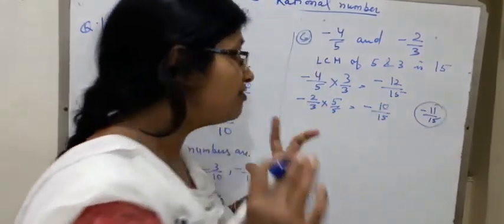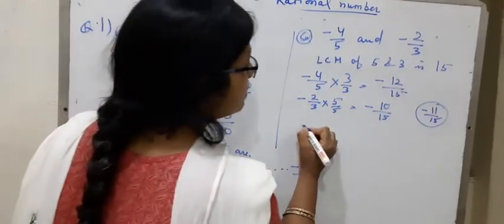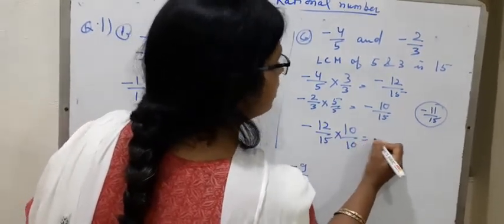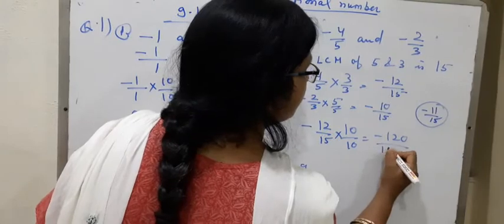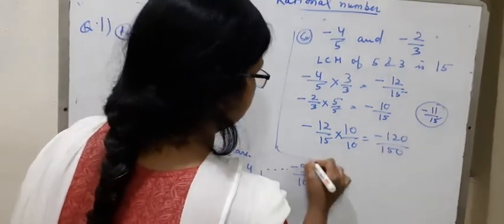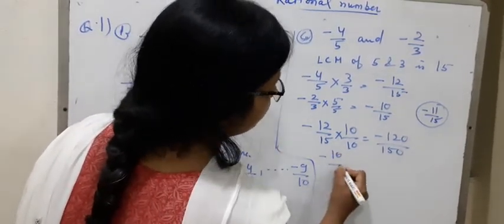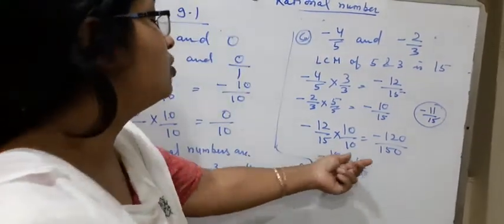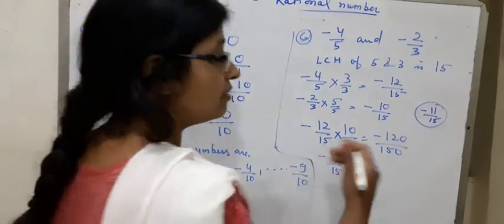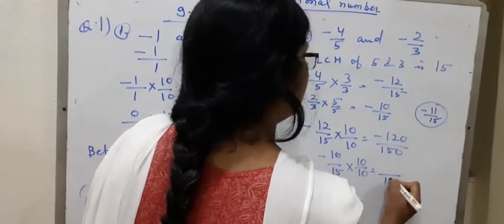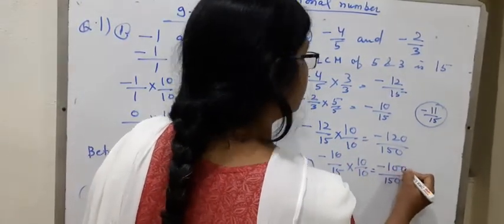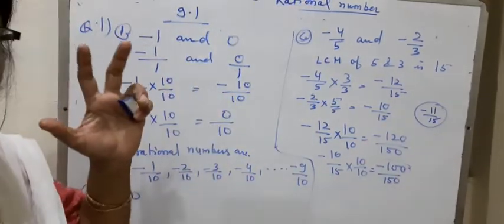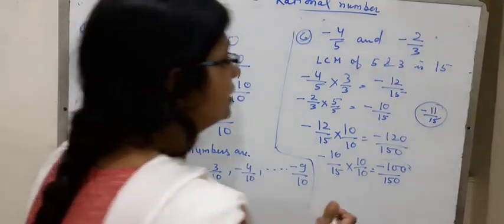But to find 5 rational numbers, we multiply minus 12 by 15 by 10 by 10. We get minus 120 by 150. And minus 10 by 15, we multiply by 10 by 10, we get minus 100 by 150. Then between minus 100 and minus 120, we get 19 rational numbers.